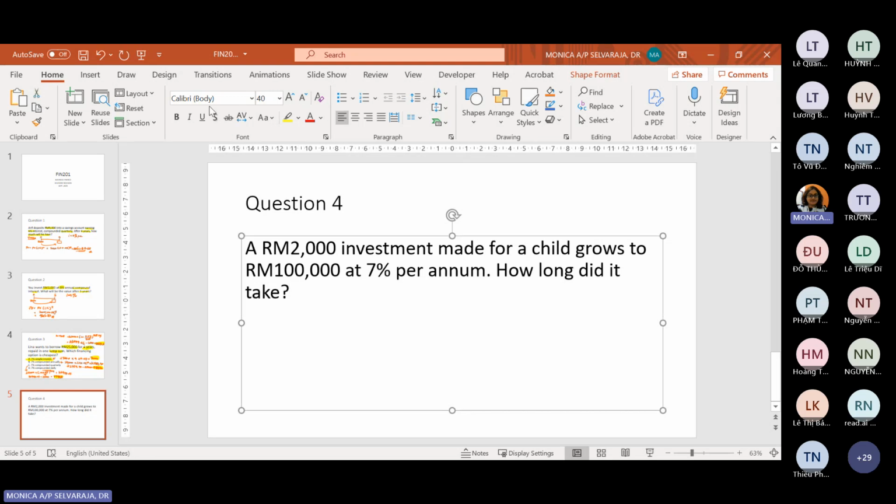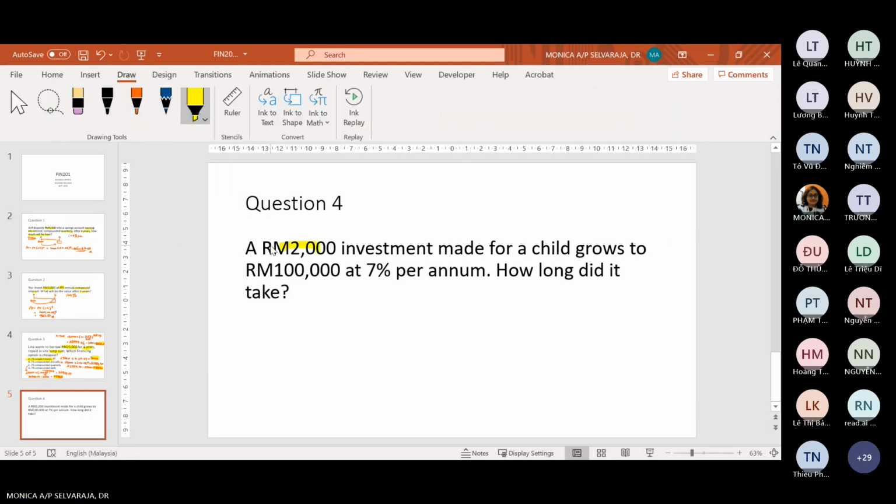Okay, so this one, a 2,000 investment made for a child grows to 100,000. Your I is 7%.